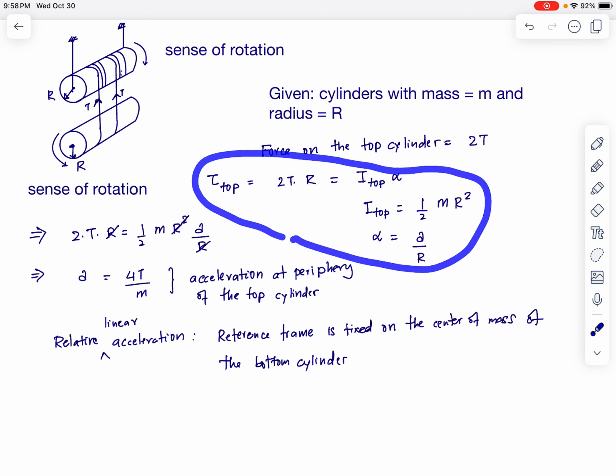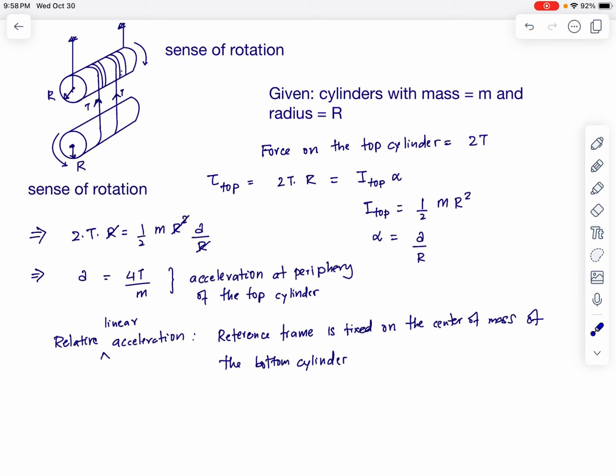So we have the tau at the bottom equals 2 times T times r, because r is the radius of the bottom cylinder, equals I bottom times alpha. So this equals half m r squared times alpha, or rather we will write alpha equals a bottom divided by r.